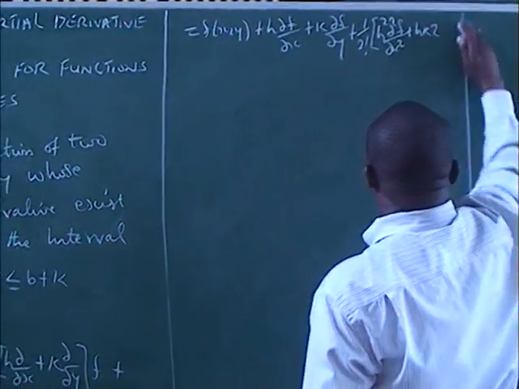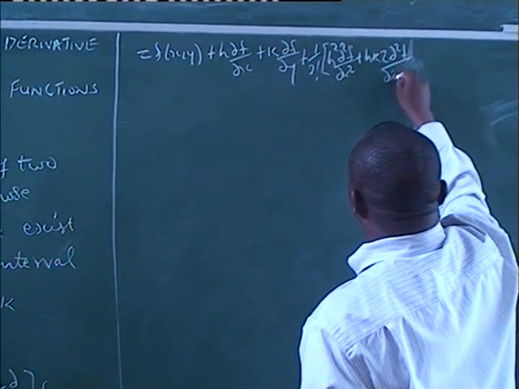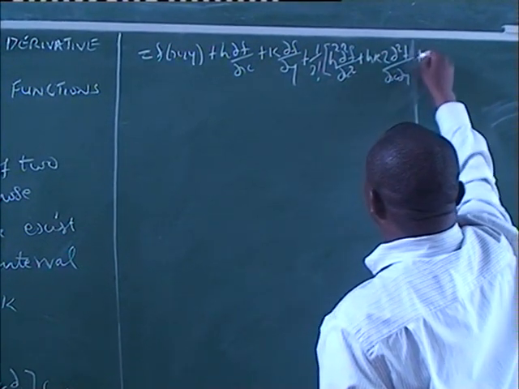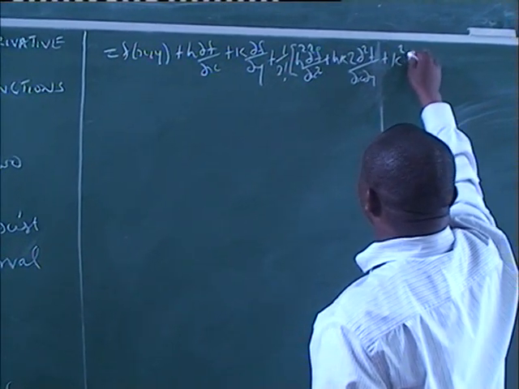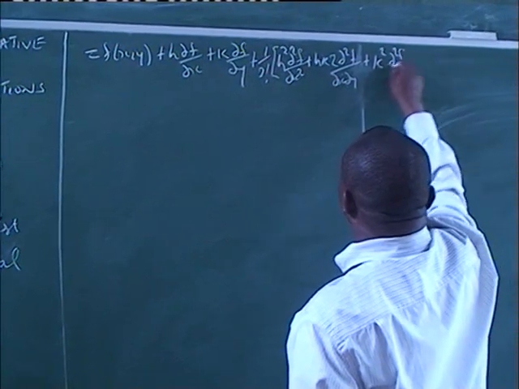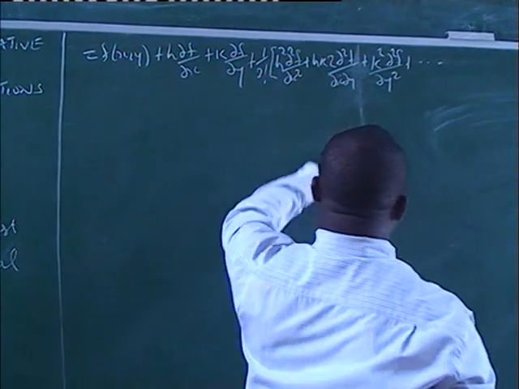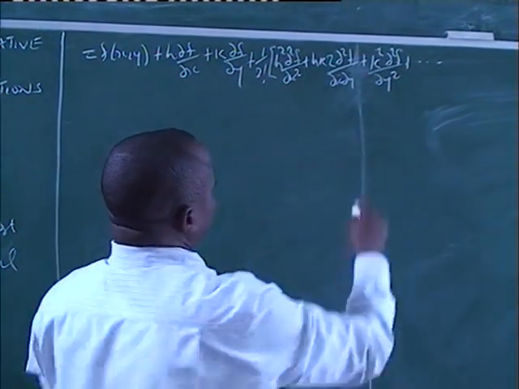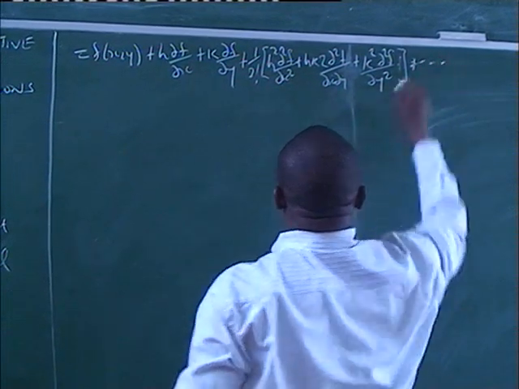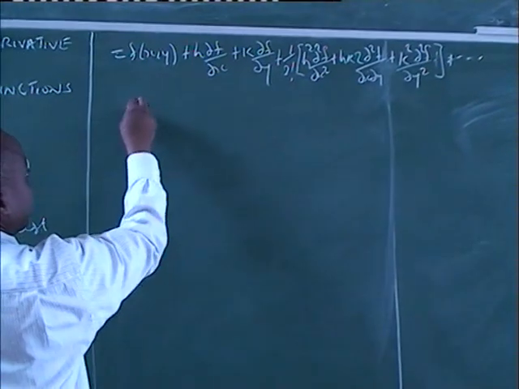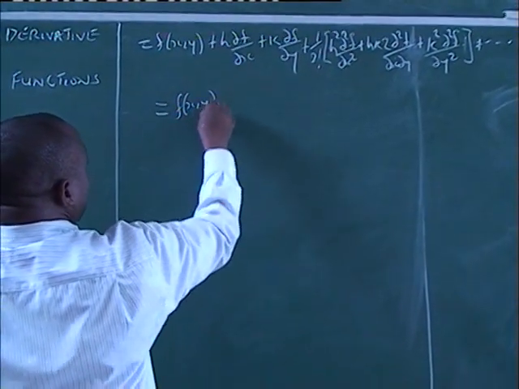then 2 partial squared f partial x partial y plus k squared, then we'll have partial squared f over partial y squared. That would be the expansion of it. Now, to simplify it more, we can write it in this way.